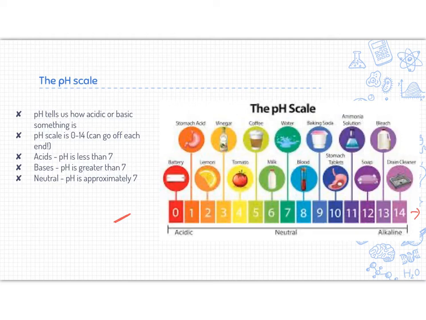Acids, we know their pH is less than 7. Sorry that my image is so blurry here. Bases have a pH greater than 7. Bases can also be said to be alkaline. So this would be basic. And neutral is around 7. Typically we say 6, 7, 8 is neutral.